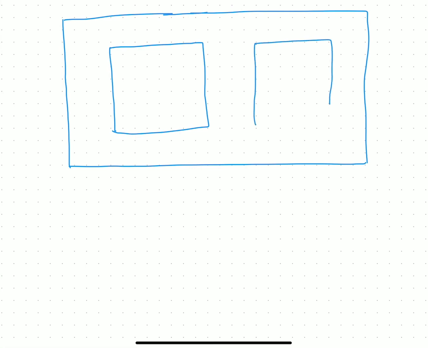It has two windows. This is the height Hw of the window.